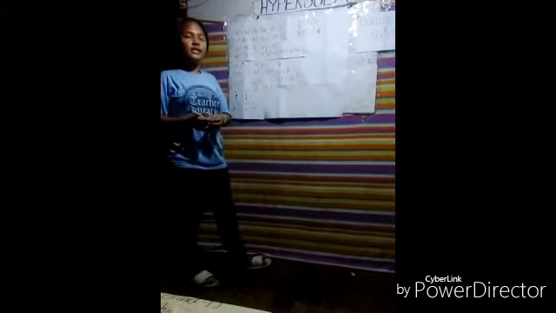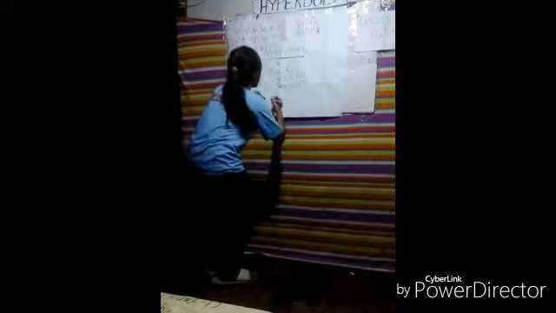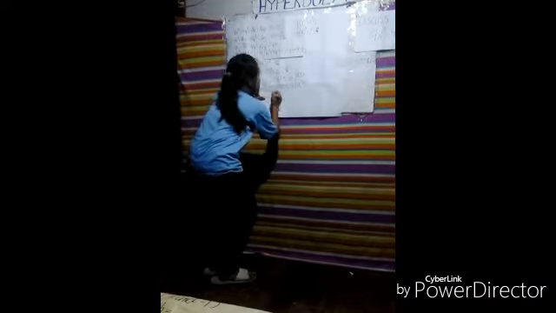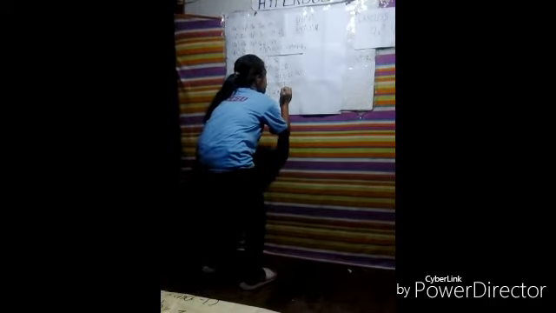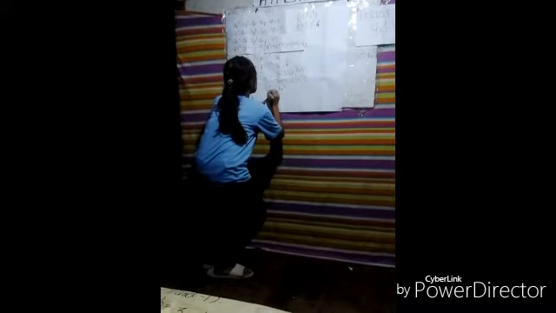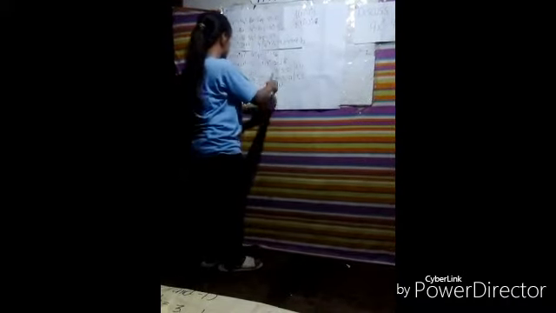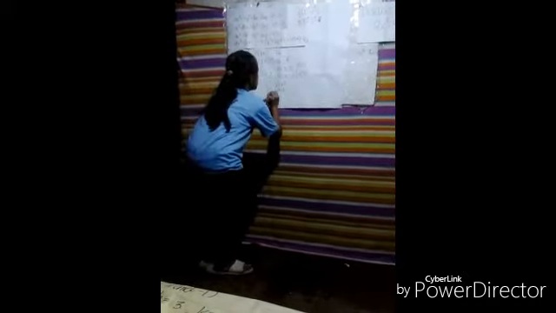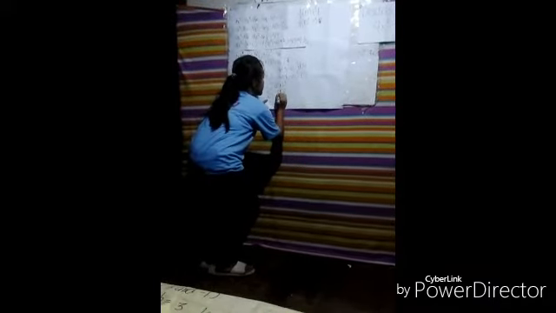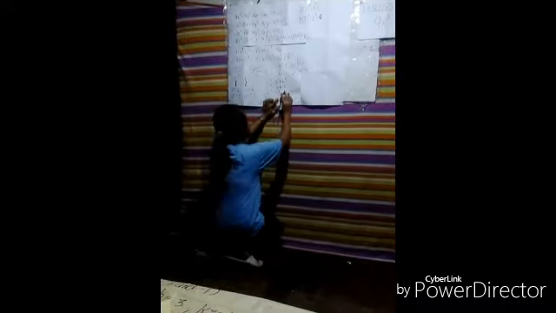So now let's find the foci. To find the foci, we use the c squared formula. C squared equals a squared plus b squared. So c squared, our a squared is 4 plus our b squared is 9, then c squared equals 13.